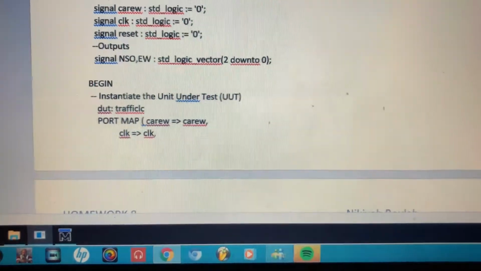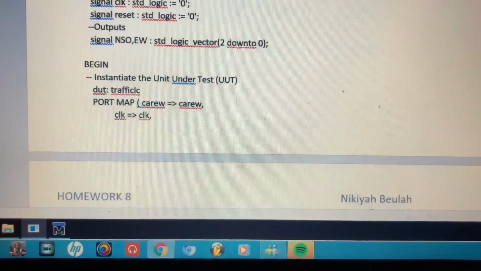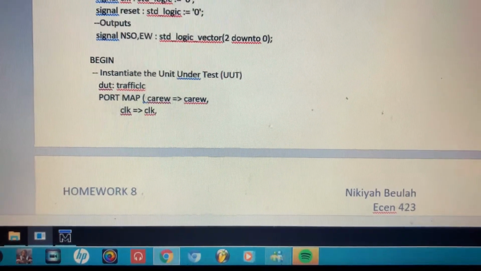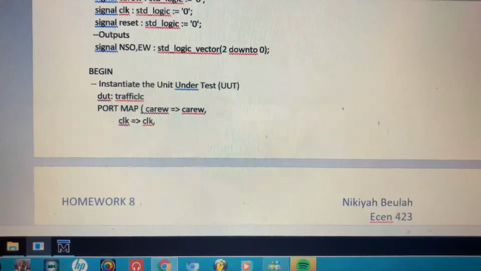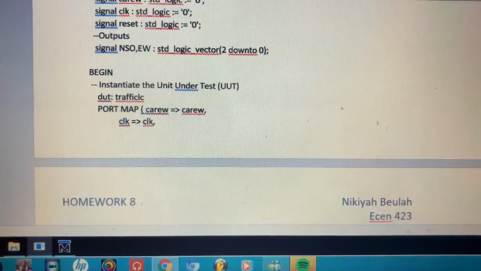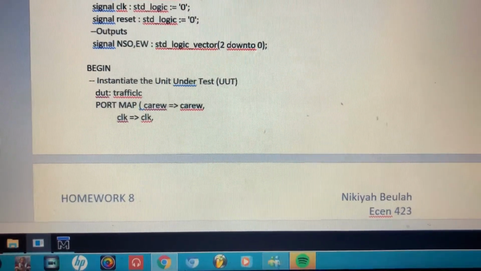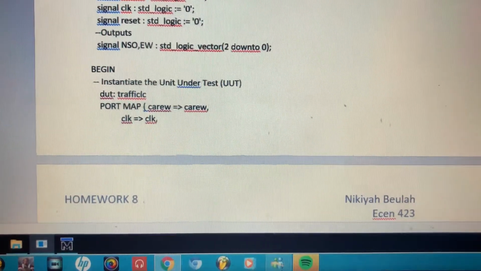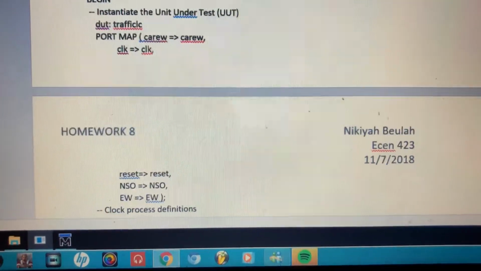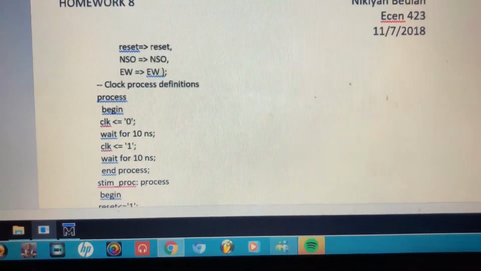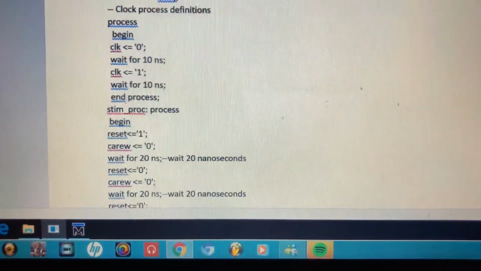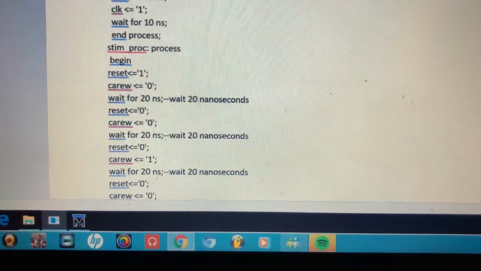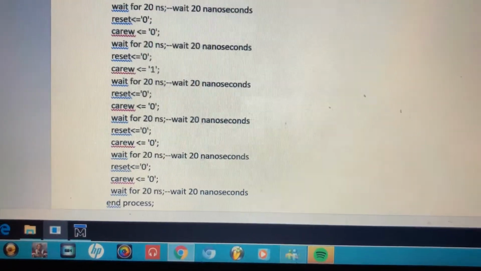And then I instantiate the unit under test where I assign the signals that I've created to the inputs and outputs that were in the entity of the traffic light controller. And then I create a clock process and a stimulus process to go through my states.